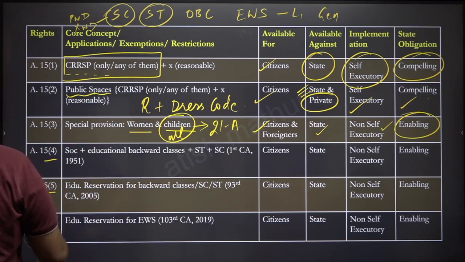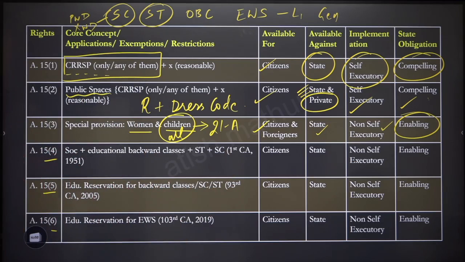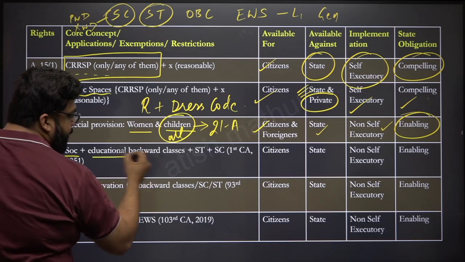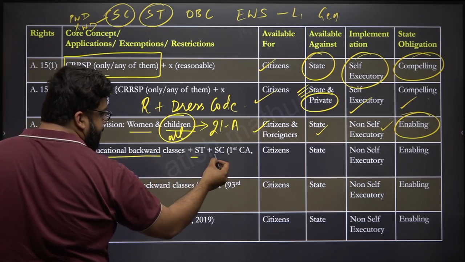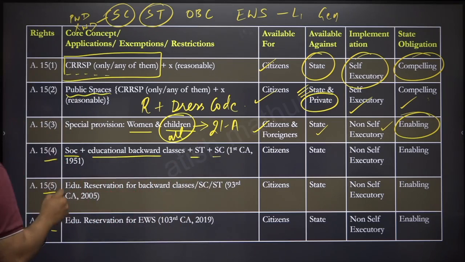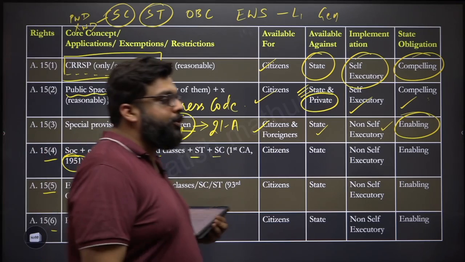Okay. Now, Article 15 clause 4 very clearly says you should have reservation, or you should have special provisions for the advancement of socially and educationally backward classes and SCs and STs. And think of this carefully. This was added in the first amendment to the Constitution itself.